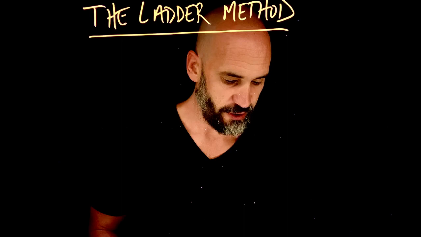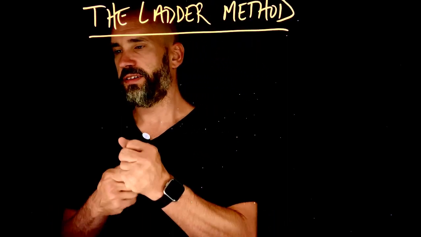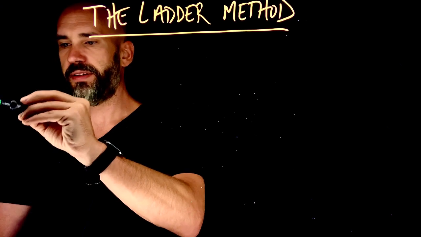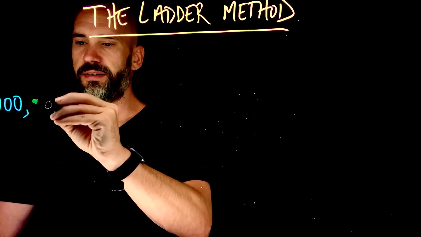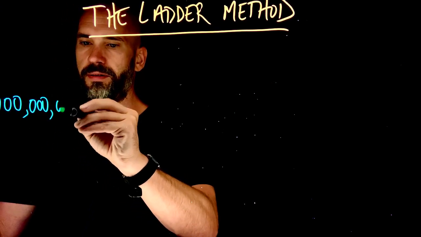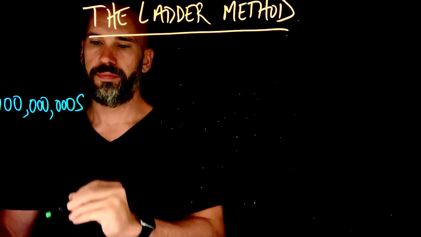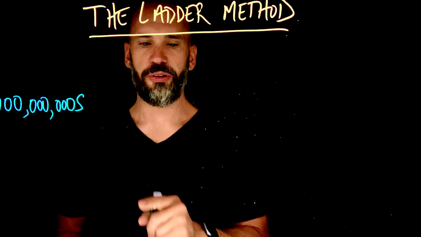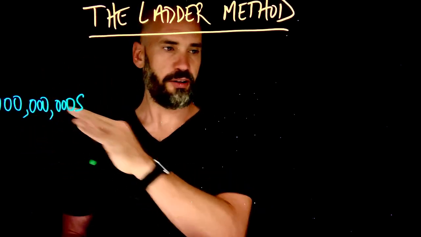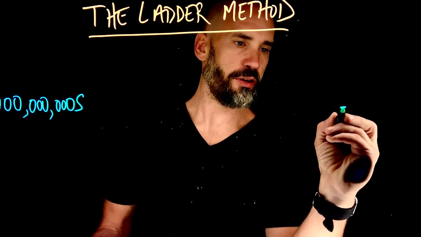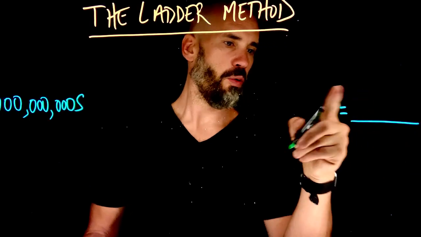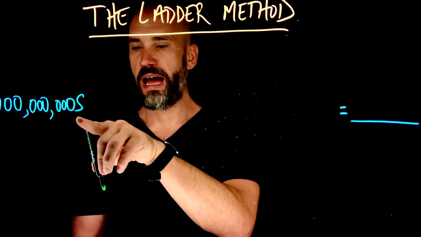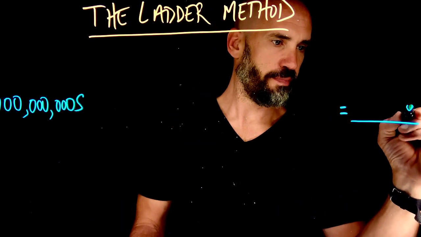The first step is always to start with what we have. So we have a billion seconds. And then once we have where we're starting, we always want to remind ourselves, where are we going? What is the unit that we're trying to get to? So we have seconds, we're trying to get to years.